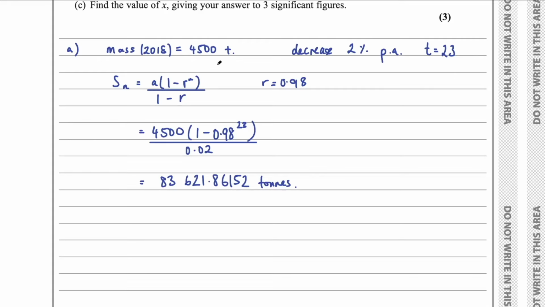But remember, this is decreasing by 2% each year. So this might then drop below 4,000. So around 80,000 would be what you should expect. If you get something way off 80,000, then that would be a point where you could say, okay, my answer is probably not correct. Maybe I haven't plugged this in correctly. But something close to 80,000 should satisfy that common sense check.